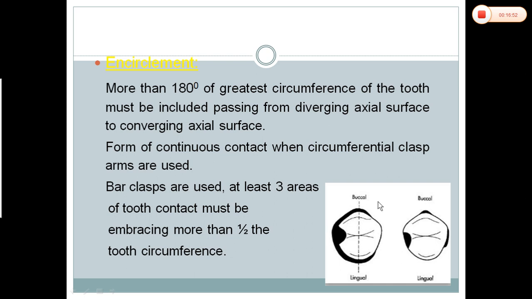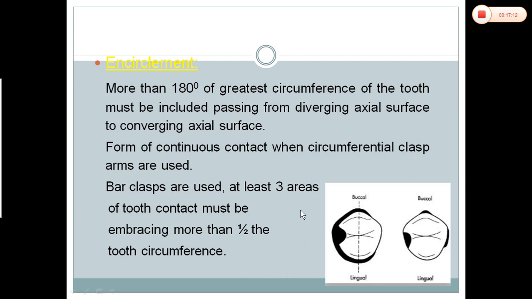How the clasp encircles the tooth can be with continuous contact or discontinuous contact. The clasp can encircle the tooth more than 180 degrees either in a continuous or a discontinuous pattern.